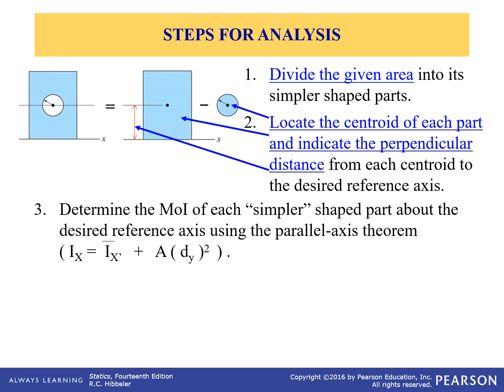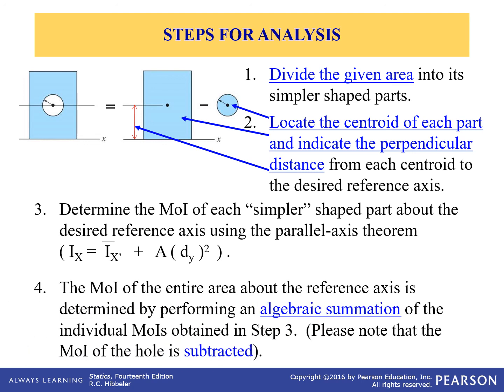So we're going to determine the mass moment of inertia for each of these simpler shapes, and we are going to determine the algebraic sum from those that we obtained in step 3. We're going to do that by plugging those into the table, just like we did for the centroid. So there you go, a quick overview of chapter 10.